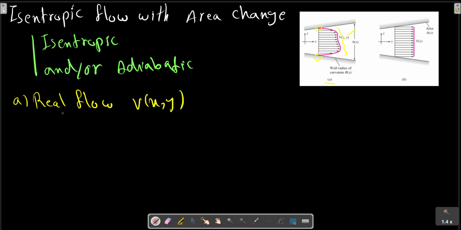We have for the change in x direction, it is too small.